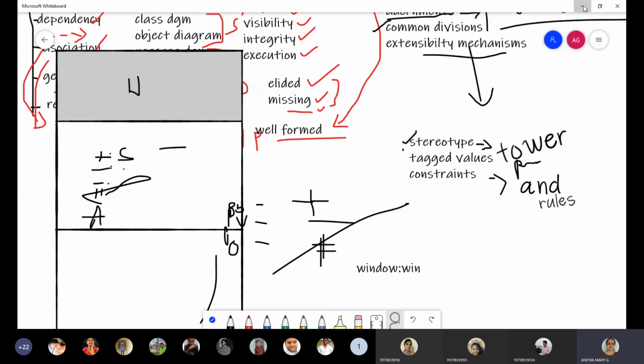Within 2 angular braces, opening and closing, and by giving the name. These angular braces we call guillemets, and with the name. So this exception term, whatever we are writing here, means it's a stereotype. We call this a stereotype. Okay, so that is about the stereotypes.